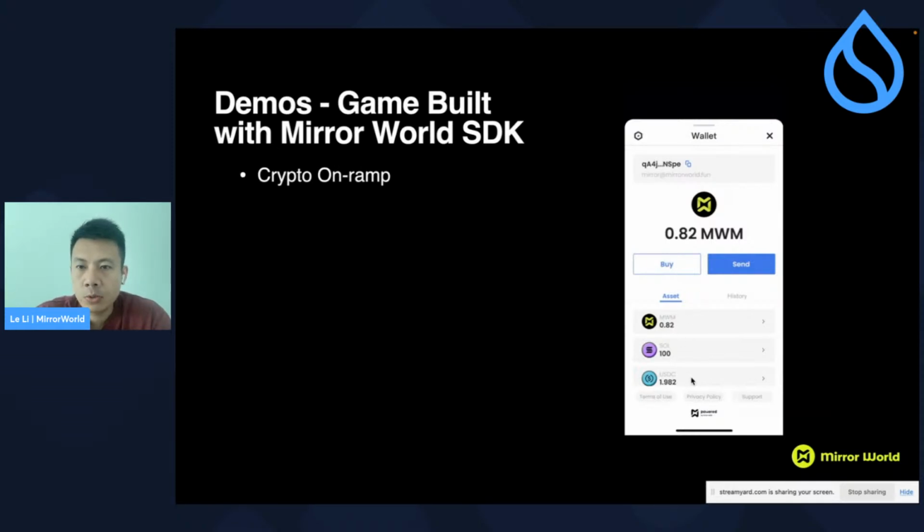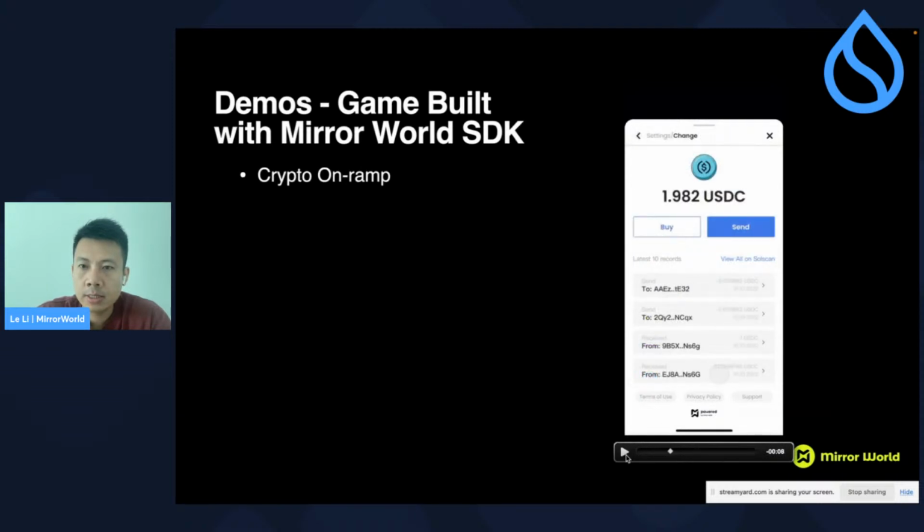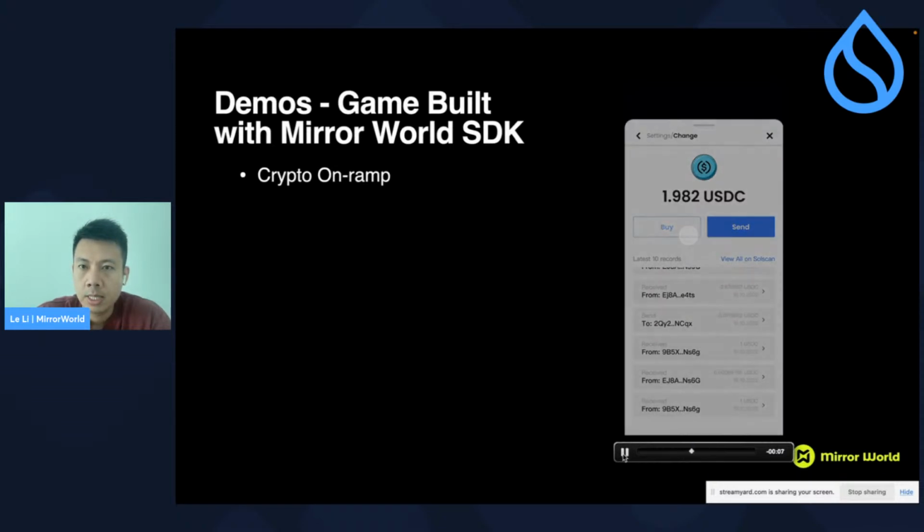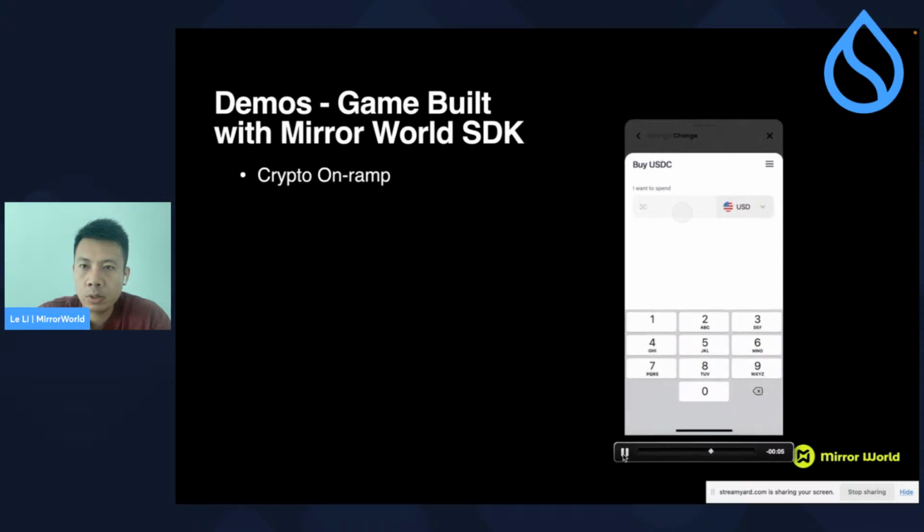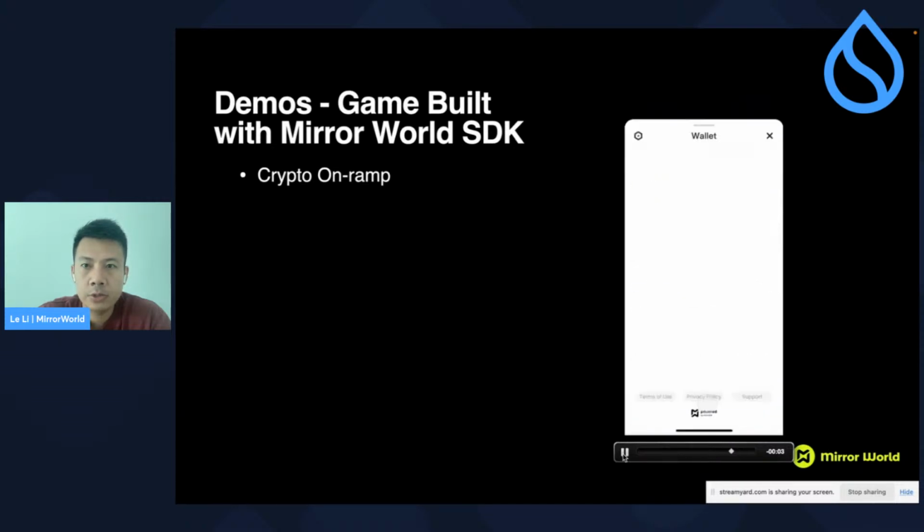From this example, we can see this gamer has an MWM token and USDC. When we click USDC, we're able to show all the latest transactions for this particular wallet. And we also support the on-ramp feature so that he's able to finish the on-ramp purchase inside the app.